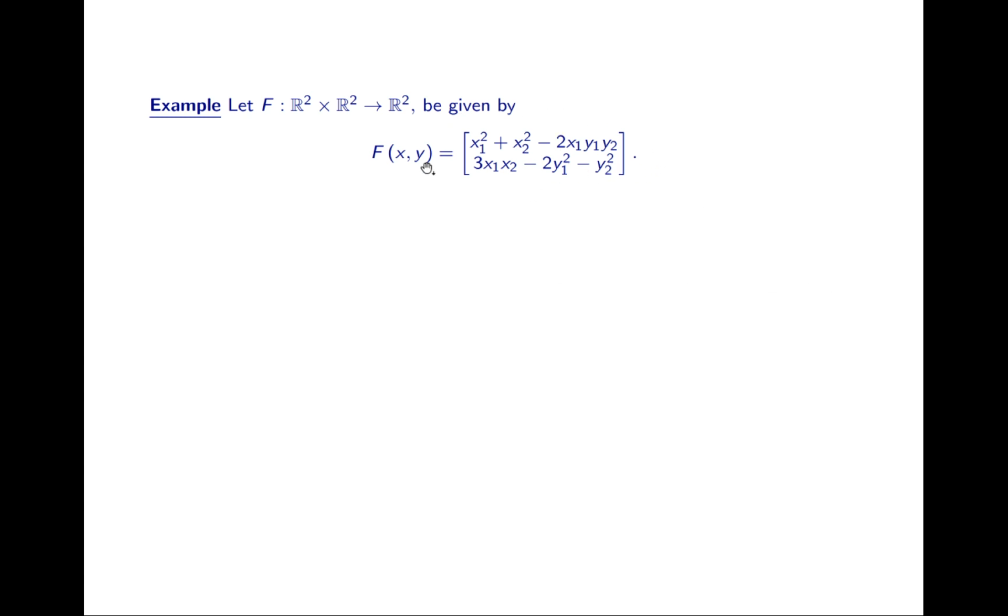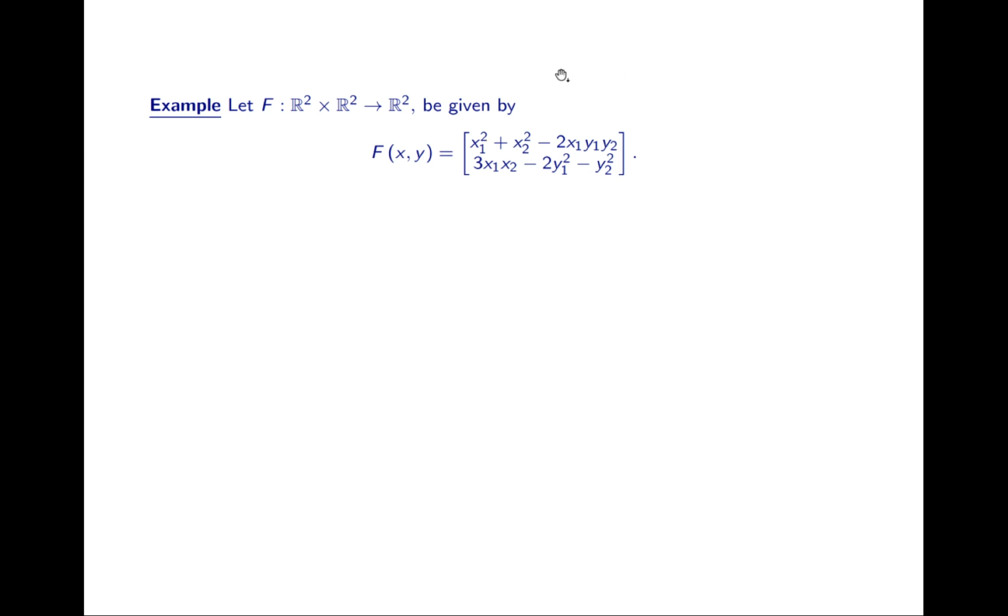So again, I can think of f as a function of x and y, where x has two components and y has two components. I can also think of f as a mapping of a four-dimensional vector to a two-dimensional vector, where that four-dimensional vector has entries x1, x2, y1, y2. So f is given by this.